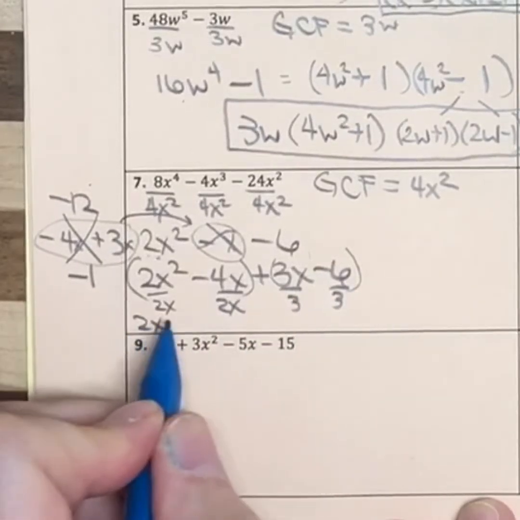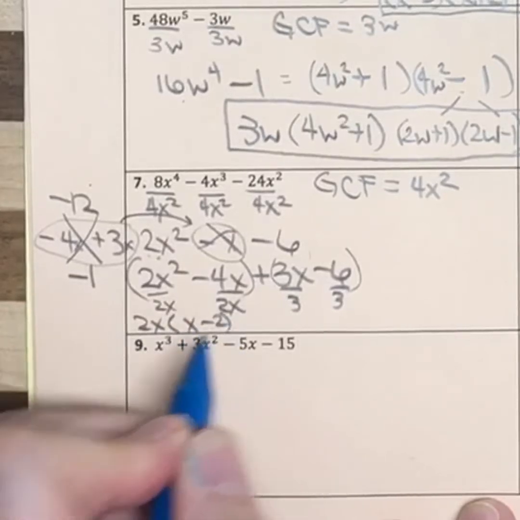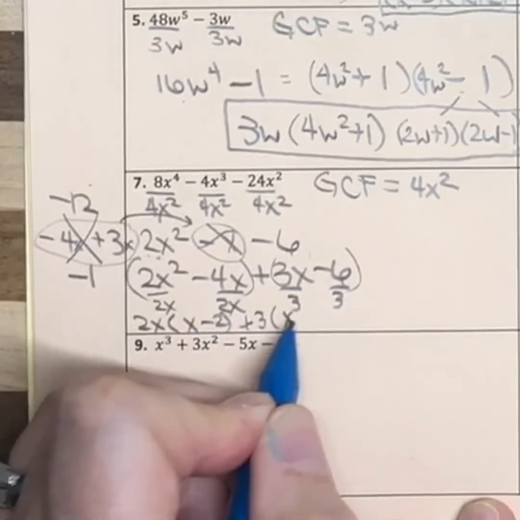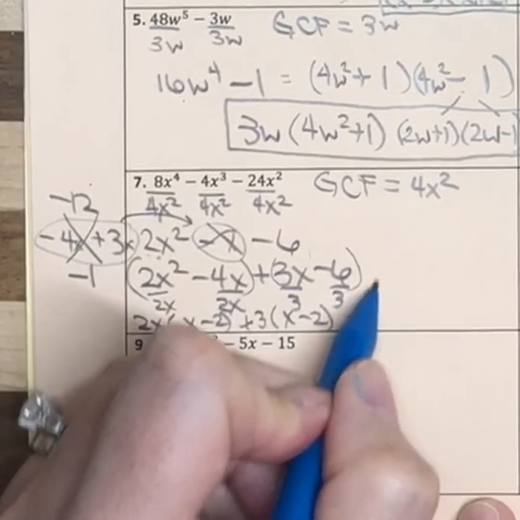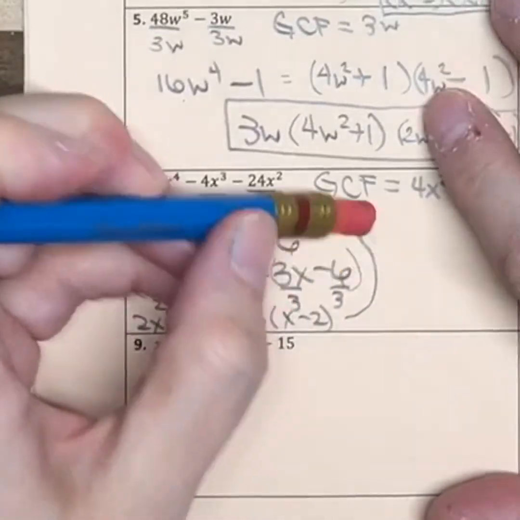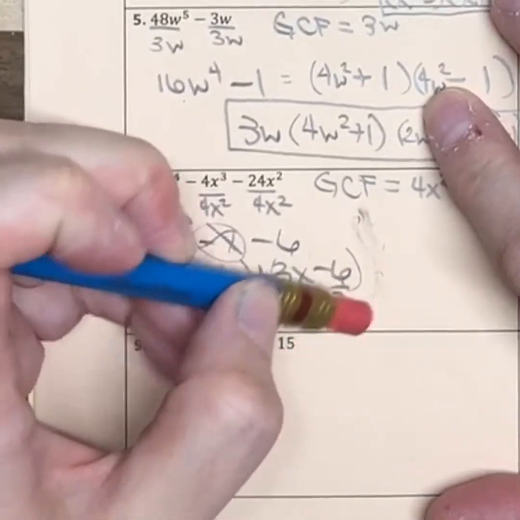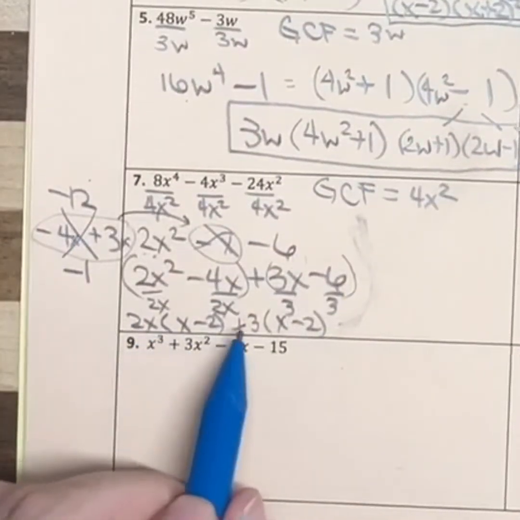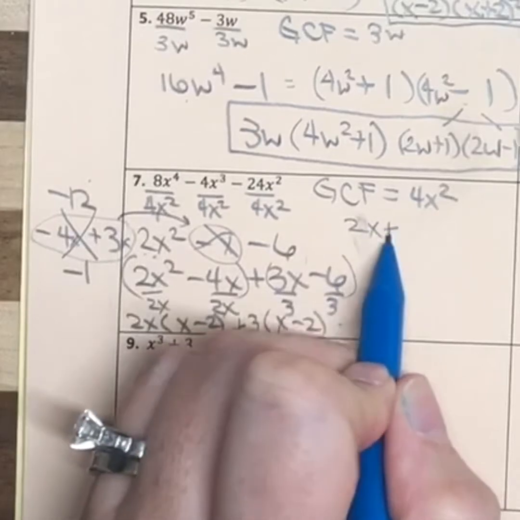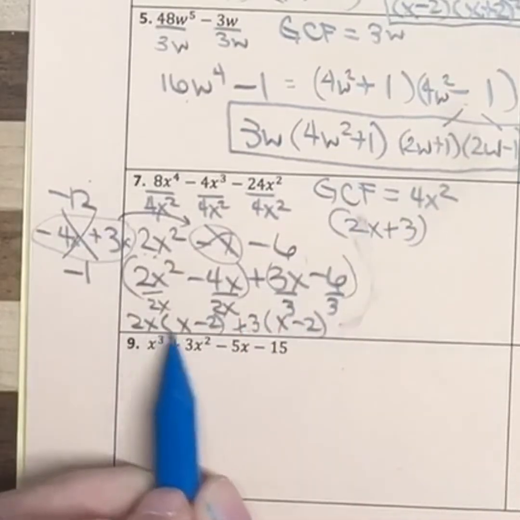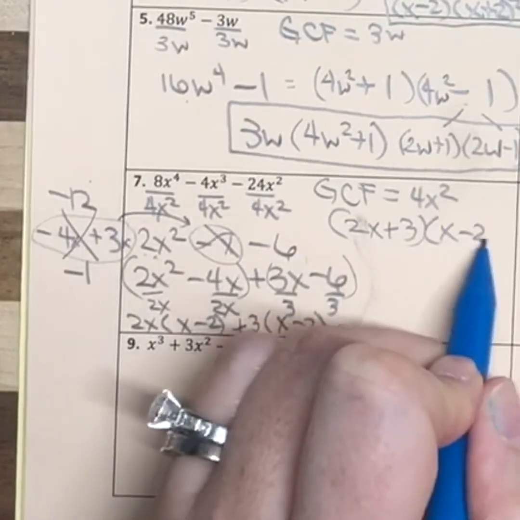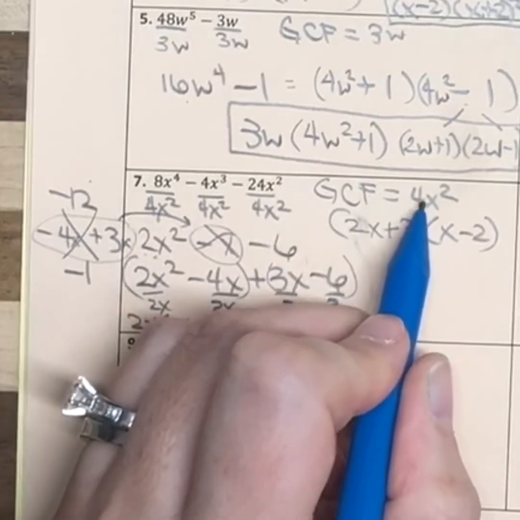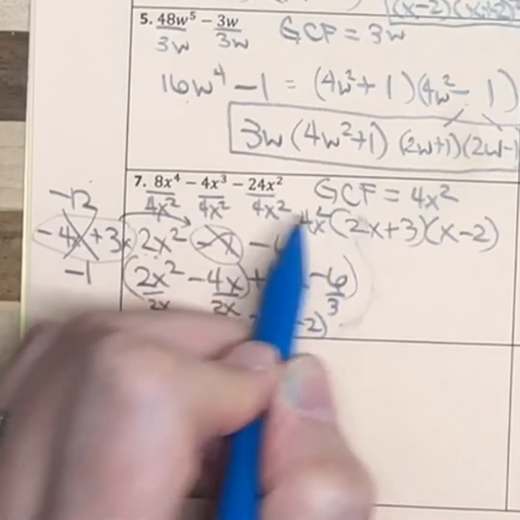So we have 2x times x minus 2 plus 3 times x minus 2. I just need more room, maybe I just write too big. If I take the two GCFs, I get 2x plus 3, and then x minus 2, and I might as well put the overall GCF 4x squared in front.